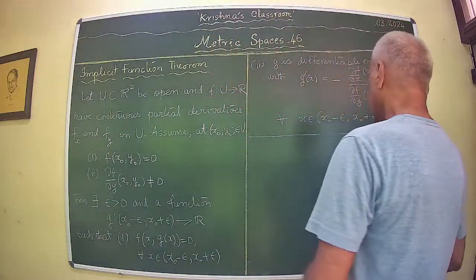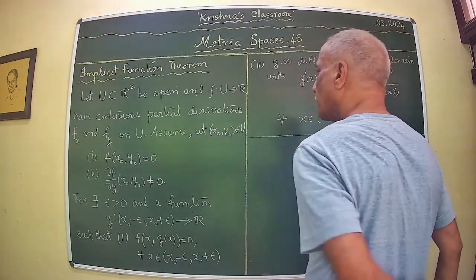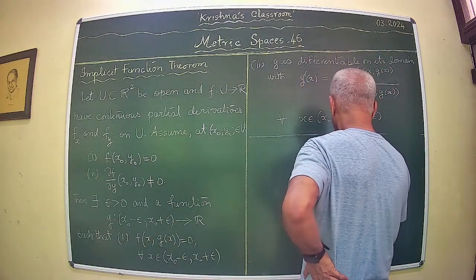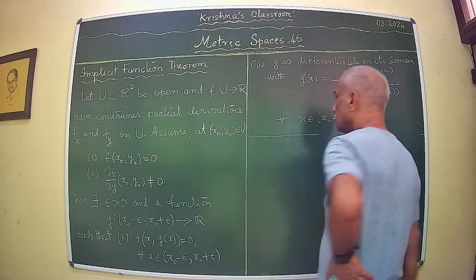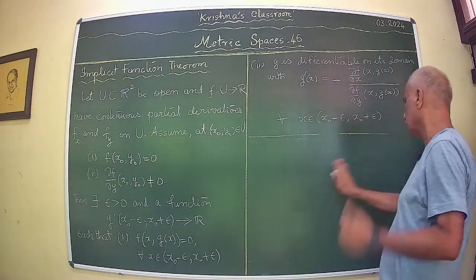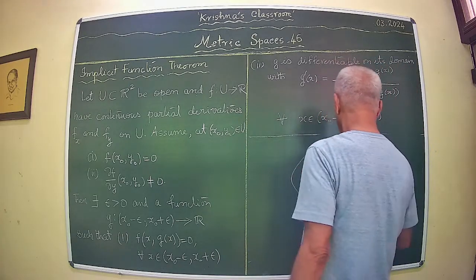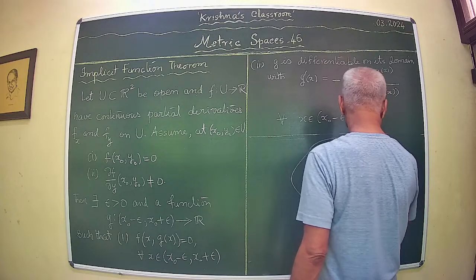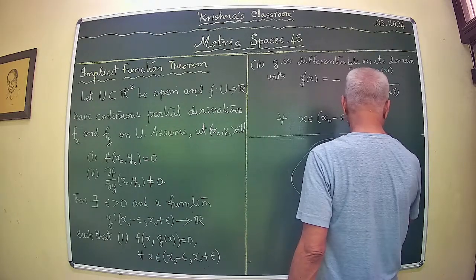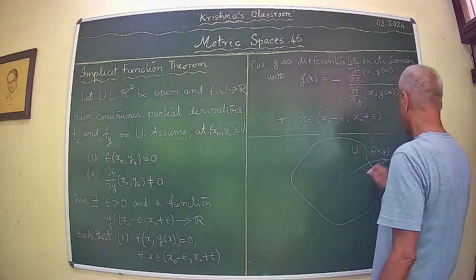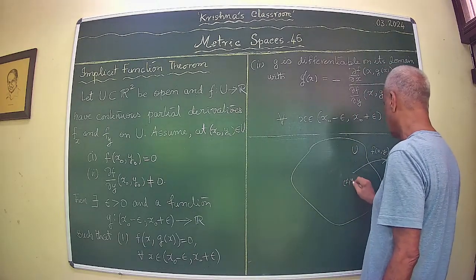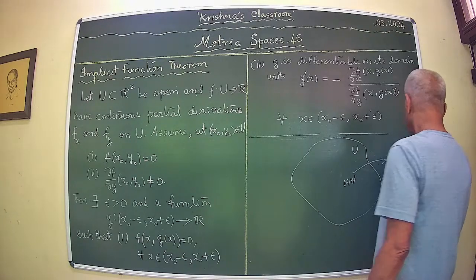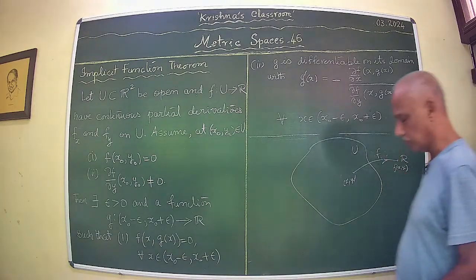You have the point (x0, y0), and this is the map that you have.